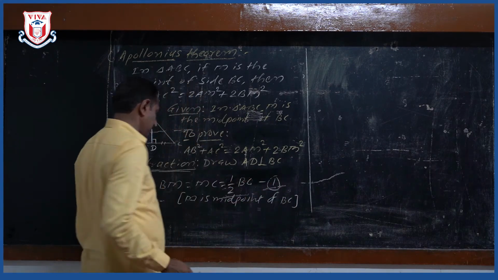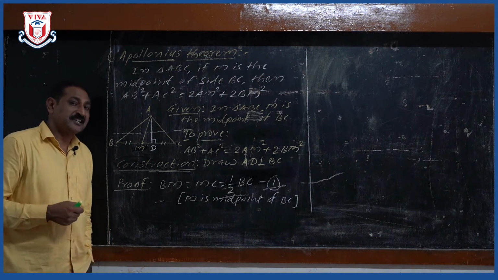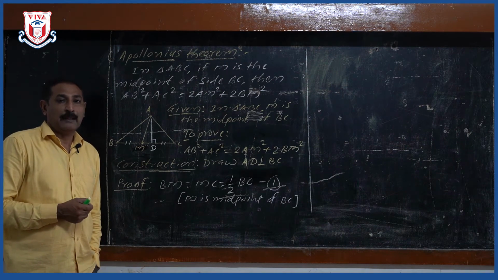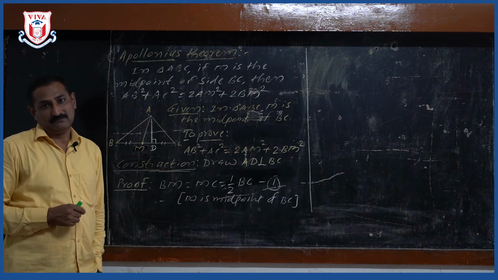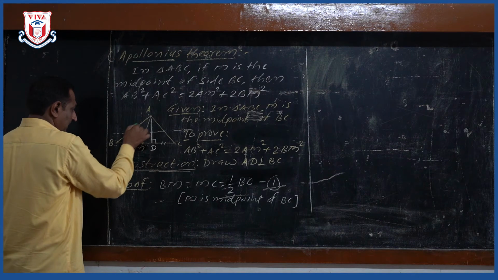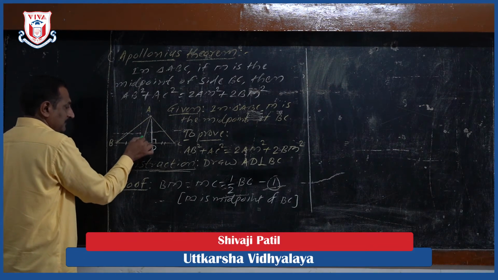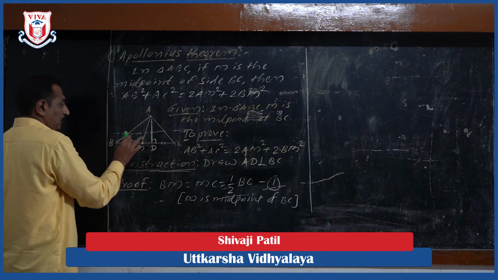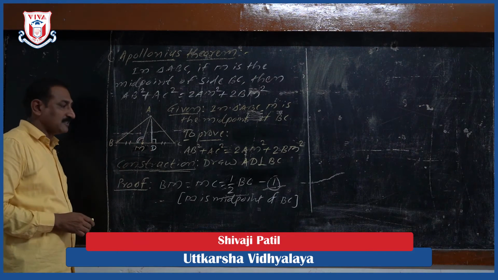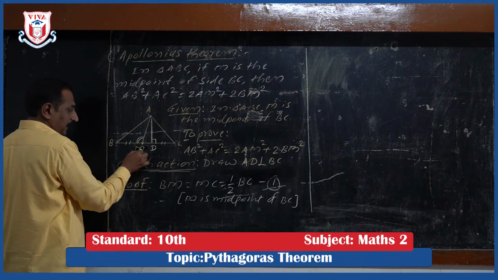Equation first. Now you just studied the application of Pythagoras theorem. If you take this triangle ABM, then angle M is the obtuse angle, and AD is perpendicular to BM.